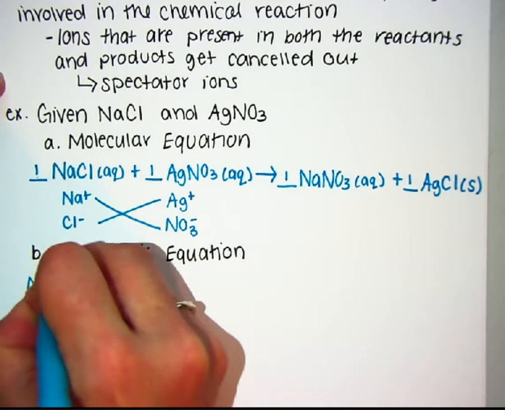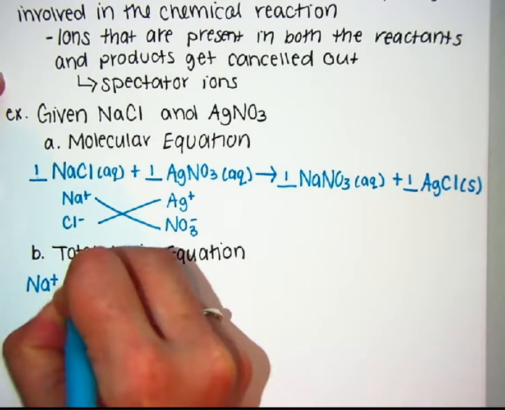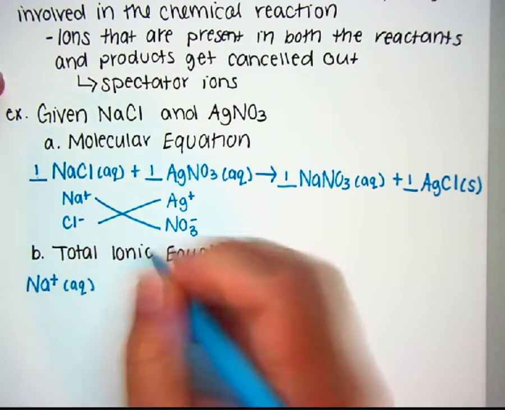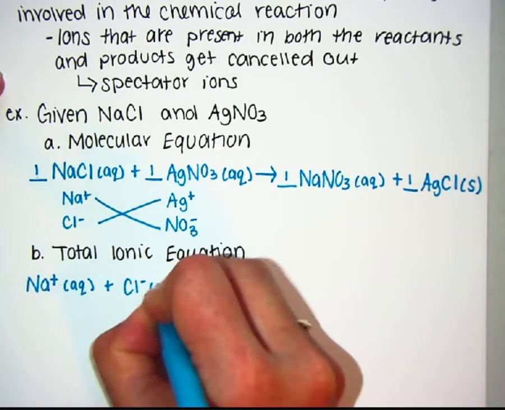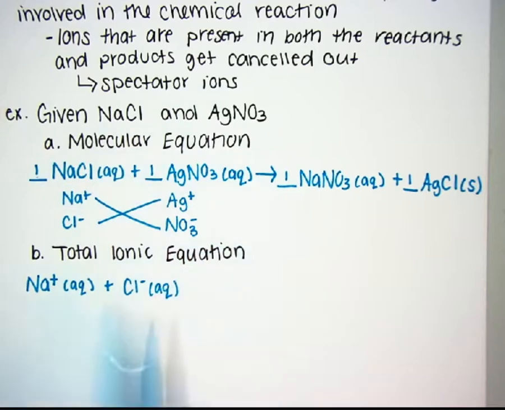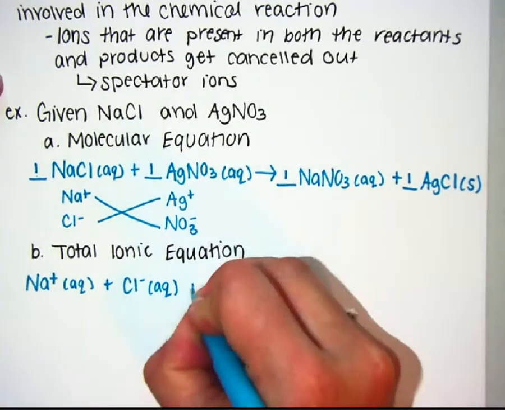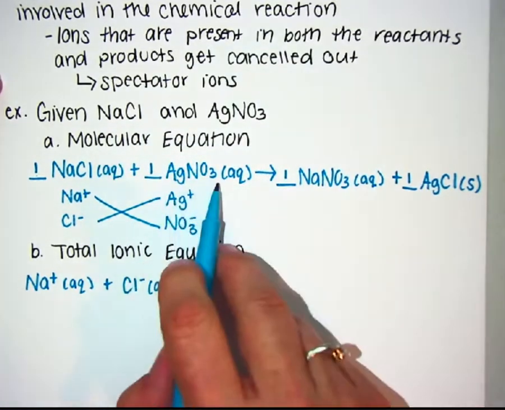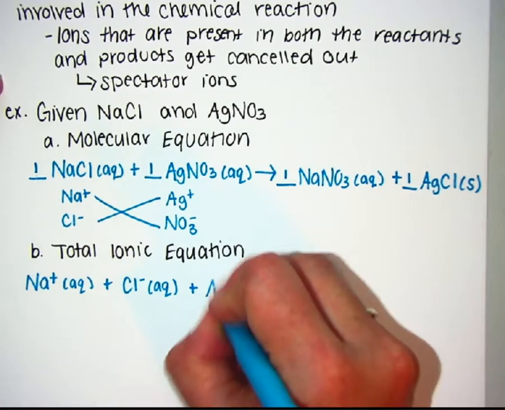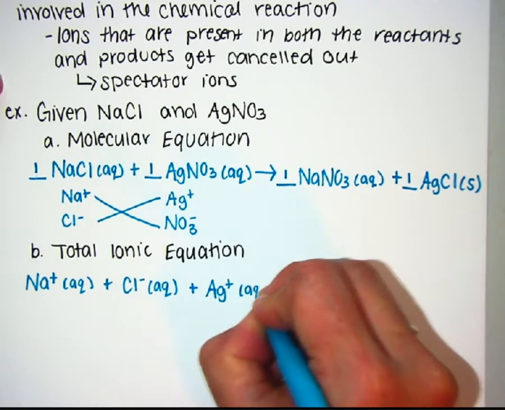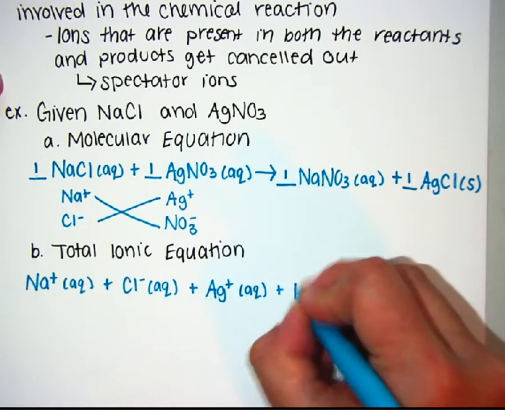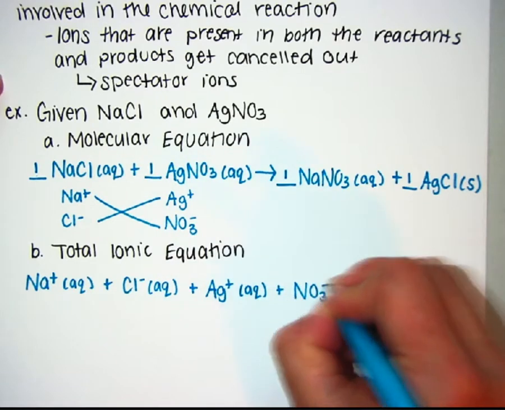So that's going to break up into sodium ions and chloride ions. This is an ionic equation. Ions have charge. You need to write the charges in. Silver nitrate is also aqueous, so it's going to dissociate. It is going to break up into silver ions and nitrate ions.